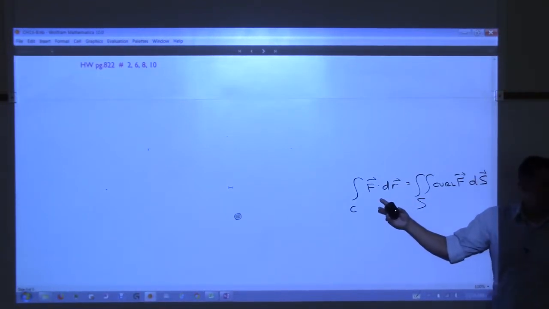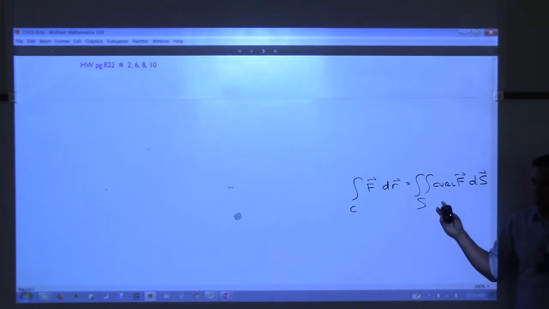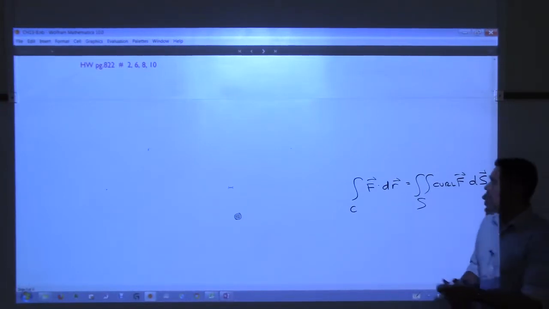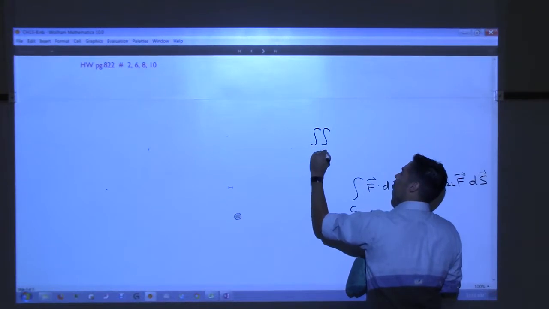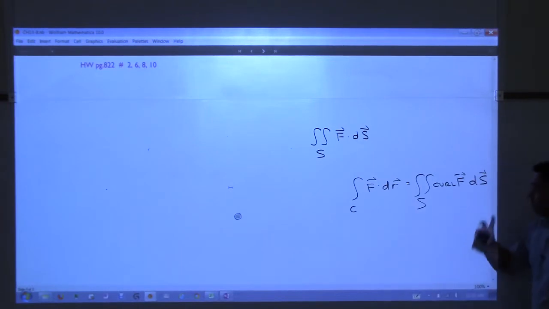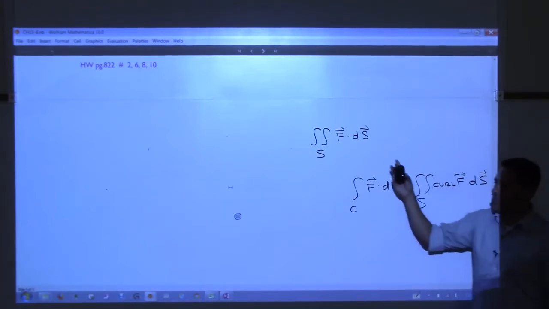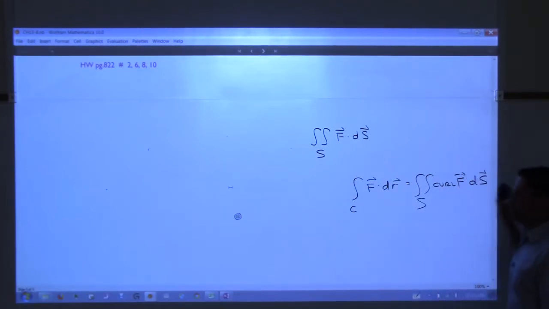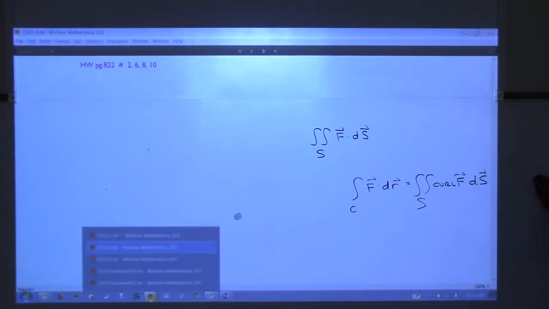So Stokes' theorem allowed us to do work along a closed curve in three-dimensional space using a surface integral. The divergence theorem is going to allow us to do flux. Do you remember what flux is? That's flux. This is flux also, but it's the flux of the curl. So somehow the line integral is the flux of the curl. The divergence theorem allows us to do flux with something, and it's very awesome with div.